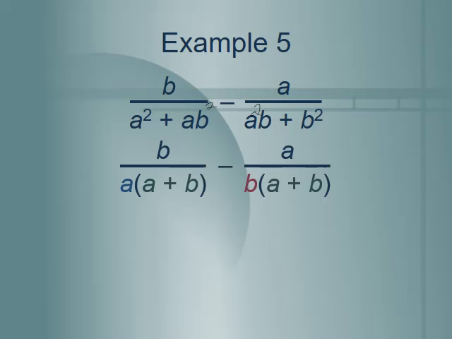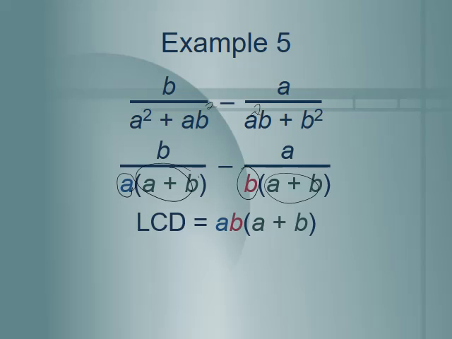Let's think about what we might be able to do to this. If we factor this a out and this b out, we would have the same denominators. So let's go ahead and look at it that way. We have an AB times the a plus b.